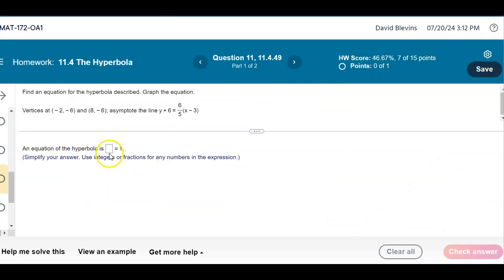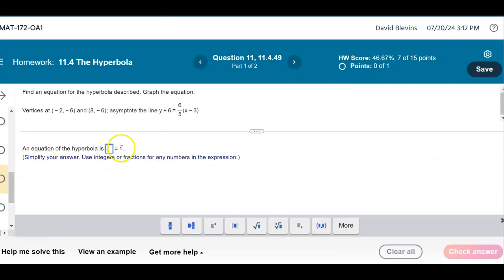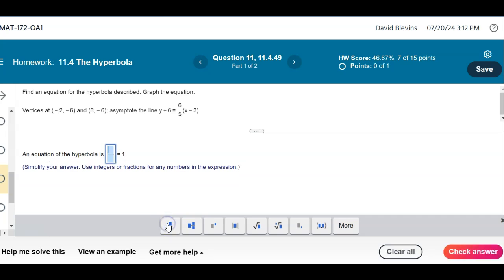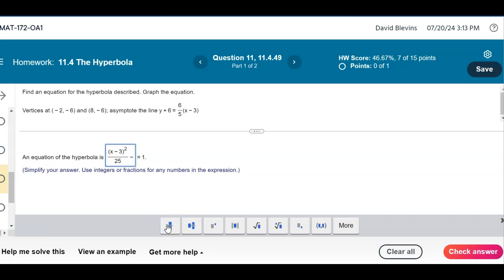All right, let's clear this off so we can get our equation in there. When I have all these parentheses, I just do the fraction first. Then minus, same thing, fraction first, and then that equals 1. Don't forget to put your squares up there. These aren't squared in the asymptote because that's the line. This is the hyperbola, so you do need to square these numbers when you get them down here.